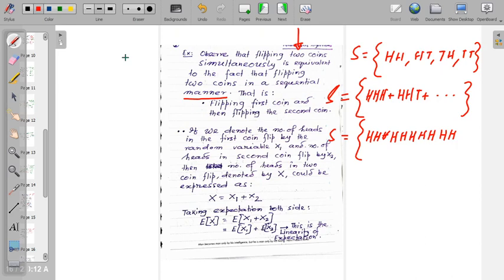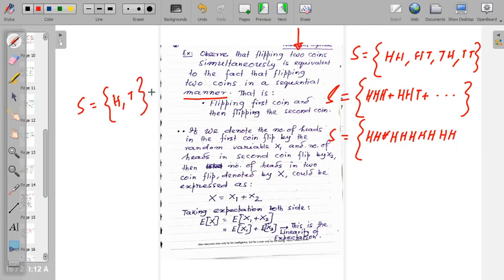Each coin flip I analyze separately. Each is a single coin flip experiment, and I note down the sample space created out of it. That is a single coin flip, so the sample space is H and T.